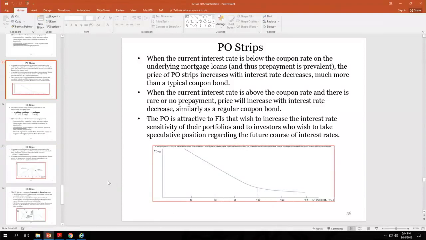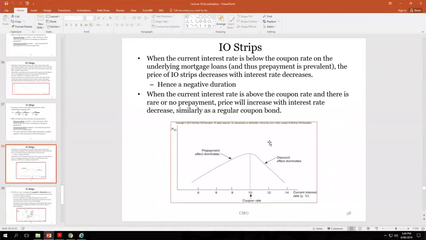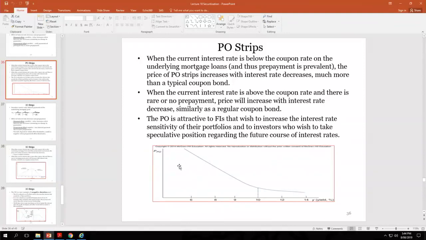So with changing interest rates, the price for pass-through is going to be this one plus this one. You see how this one decreases and this one increases, which means around here it's going to be flat, so less sharp than this one. So we are actually facing a security whose price changes relatively less than the PO strip. Yeah, I understand. Thank you.